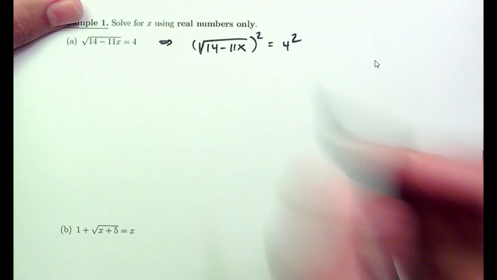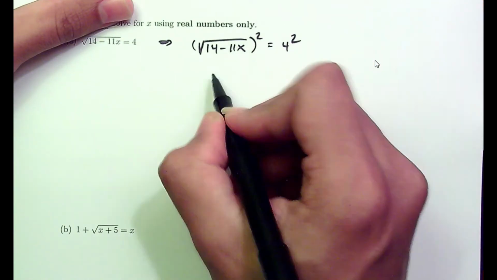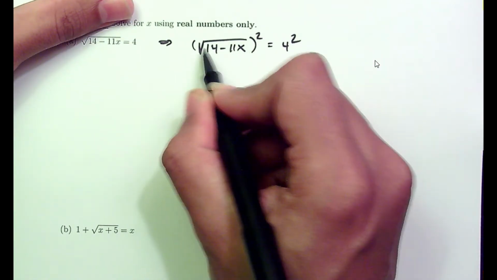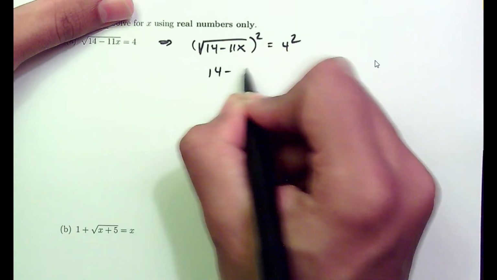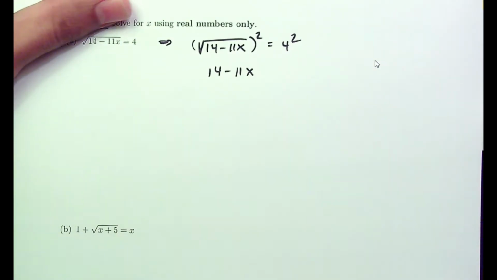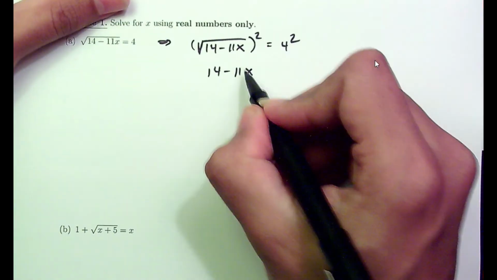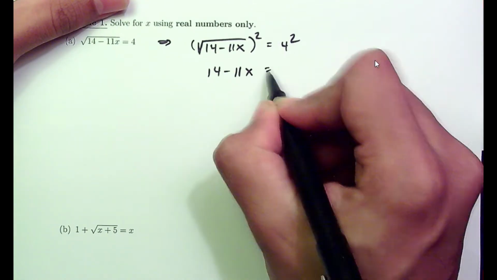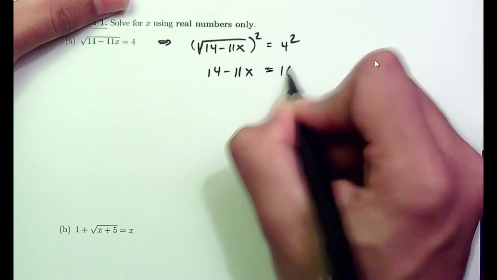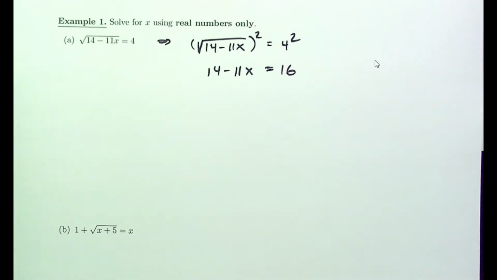Okay, and that is just going to get rid of the square root. The square root and the square cancel each other, and that gives you what is inside. On the other side, you just square: 4 squared is 16. Now you have an equation that doesn't have any radicals, and this one is easy to solve. So let's solve it.